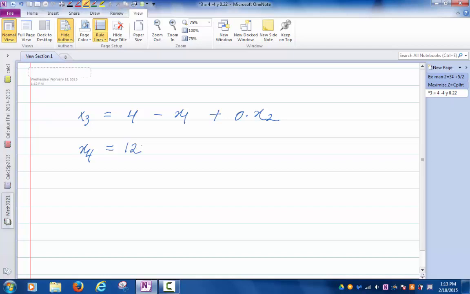x4 is 12 plus 0x1 minus 2x2, and x5 is, not 0, sorry, x5 is 18 minus 3x1 minus 2x2.